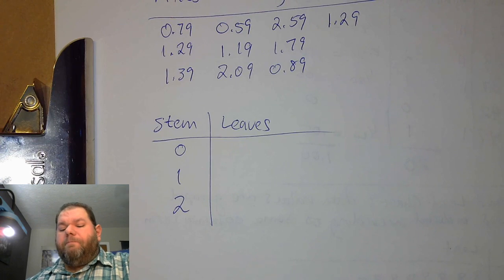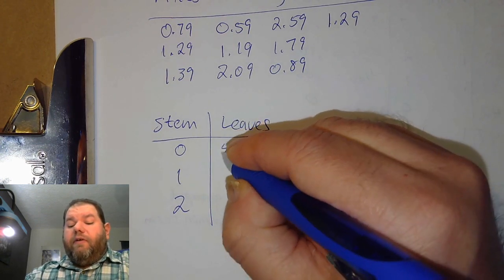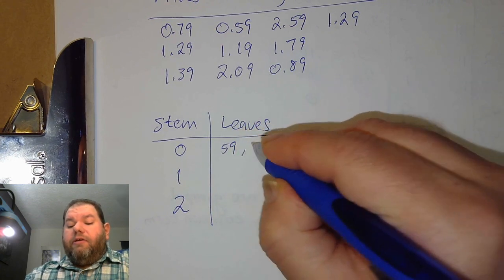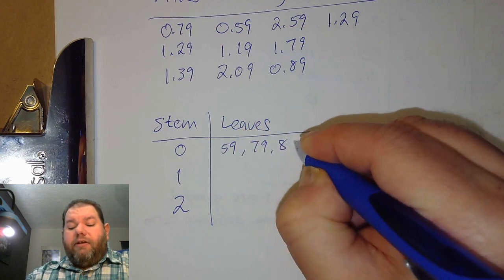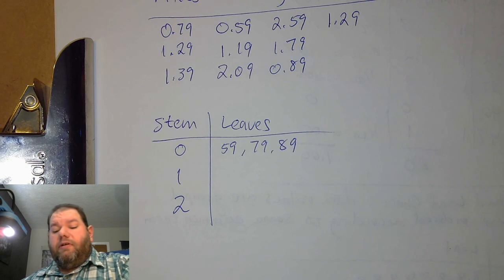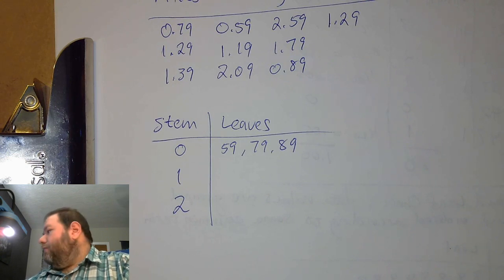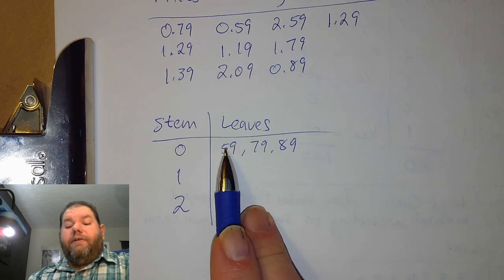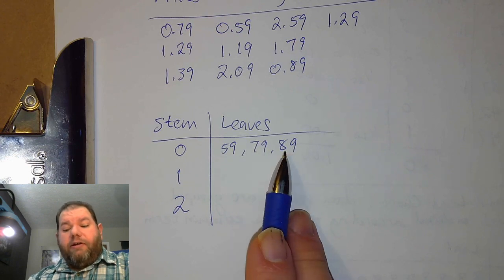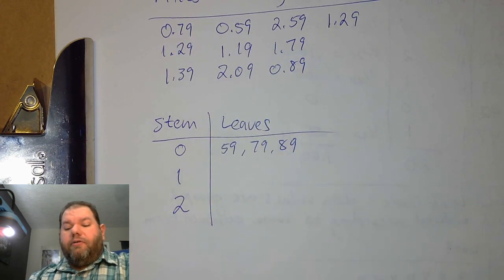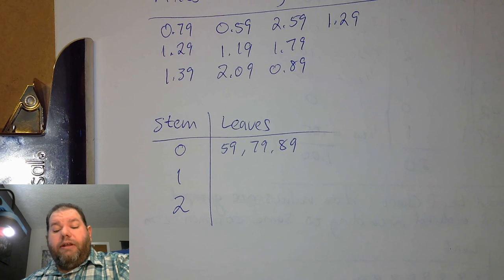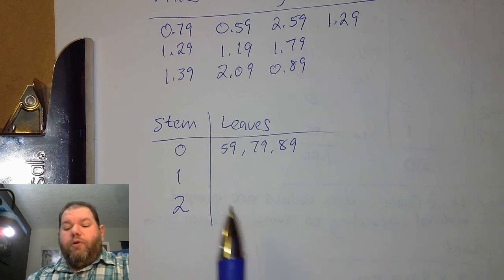Okay. And then for our leaves, we would write 59, 79, and 89, for instance, because we have one that's 59 cents, one that's 79, and one that's 89. What would our leaves be for the one stem?